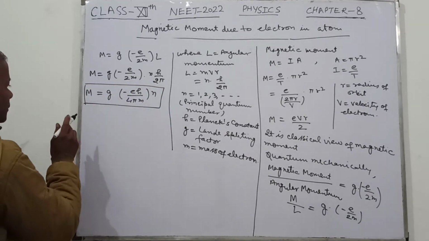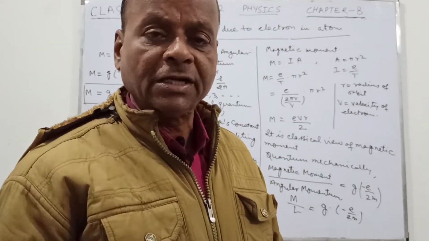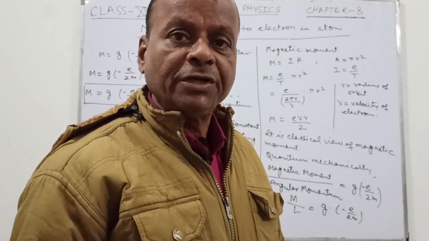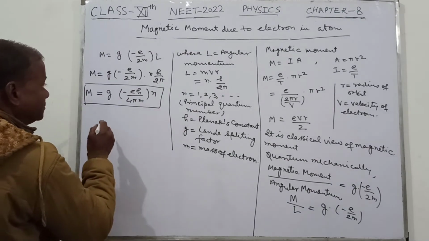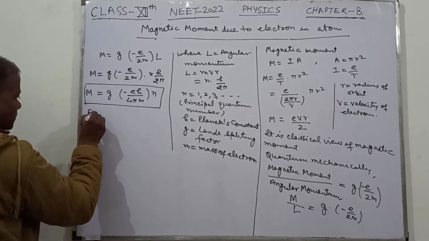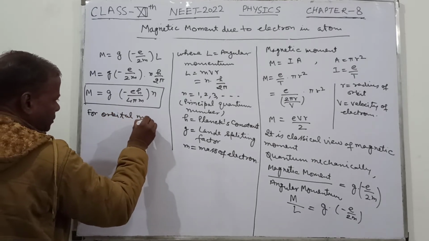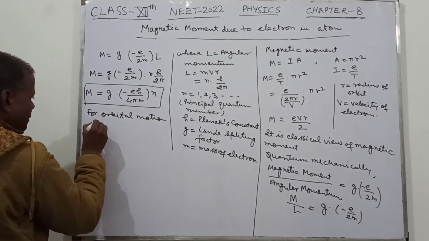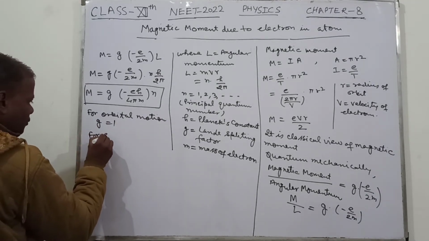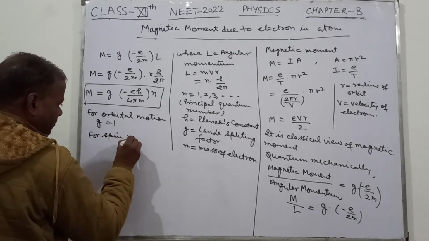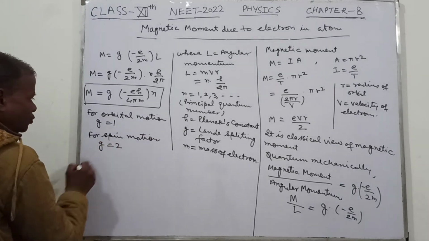Now the electron has two kinds of motion, one the orbital and second the spin. So we are considering the orbital motion of the electron. For orbital motion, g equals 1, and for spin motion, g is equal to 2.